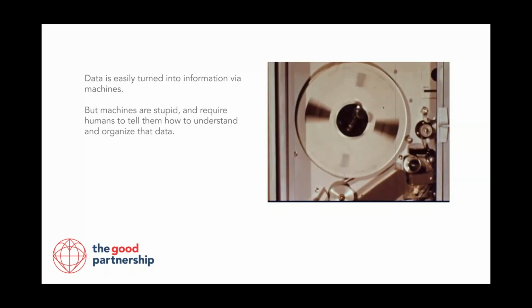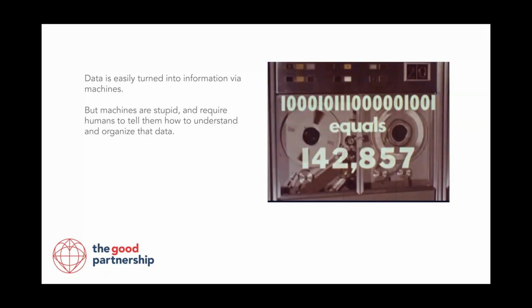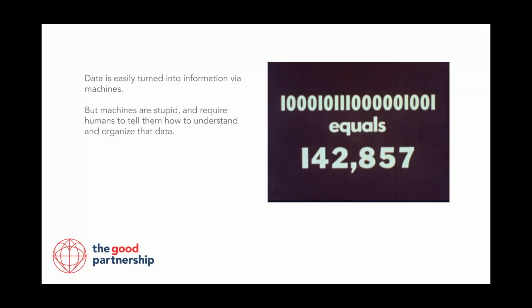So the thing about machines, though, is that they're quite stupid. They're getting smarter. That's a whole other conversation about AI. But even AI needs to learn, right? And requires humans to tell it how to learn, right? So machines need human input to tell them how to understand and organize that data, right?